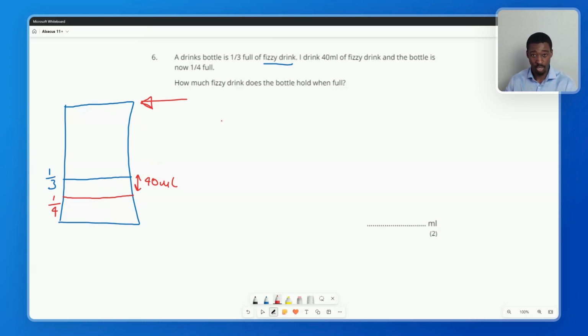Well, we're starting at a third full. We drink 40 milliliters, and then drinking that 40 milliliters brings us down to a quarter full. So what we really need to work out is the difference between a quarter and a third.